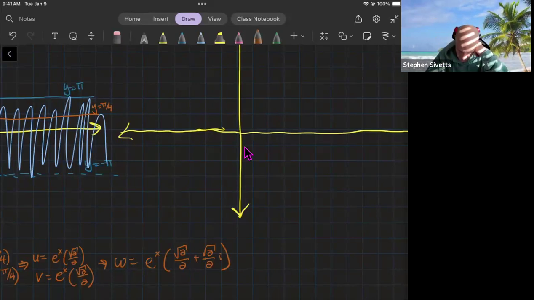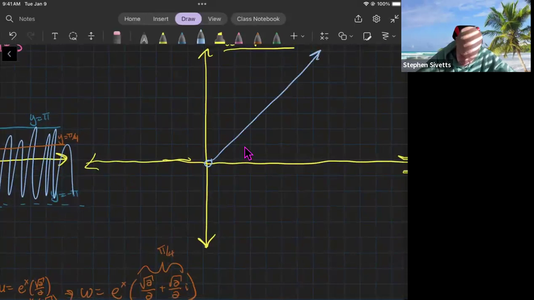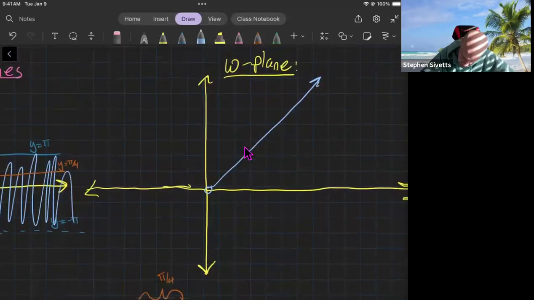So the argument here is just pi over 4. So what we'll have here is just a ray that is shooting off in the positive direction in the first quadrant. So this is where the argument of z is pi over 4, right?